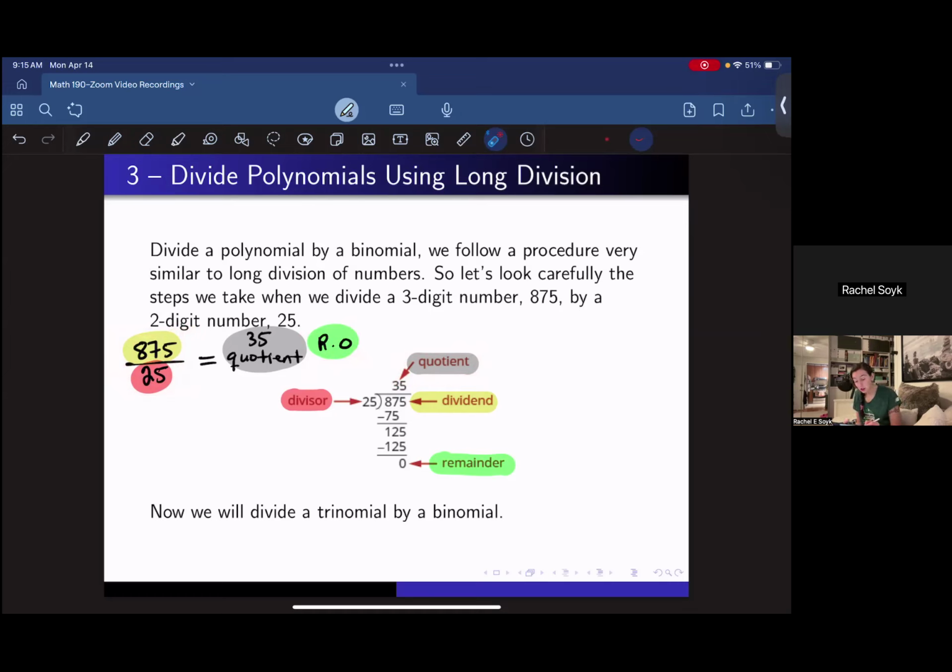Our divisor is always the denominator of our fraction. It's telling us, okay, we're breaking up this larger number, aka our dividend, into how many equal pieces, into 25 equal pieces. Well, if we're able to divide it into 25 equal pieces, what's our final result going to be? What is our quotient going to be?